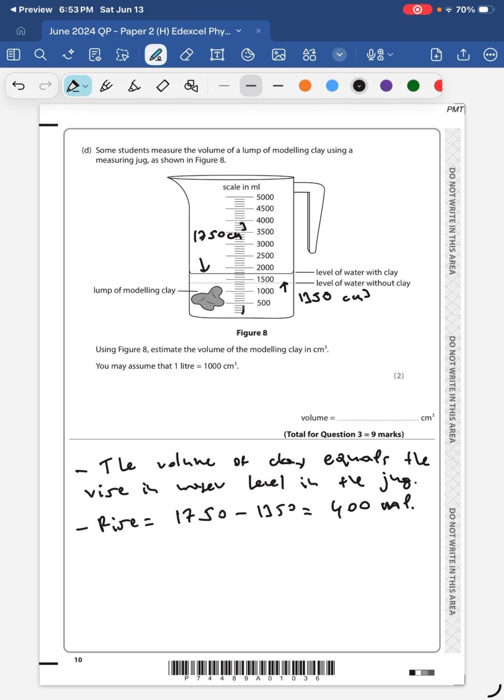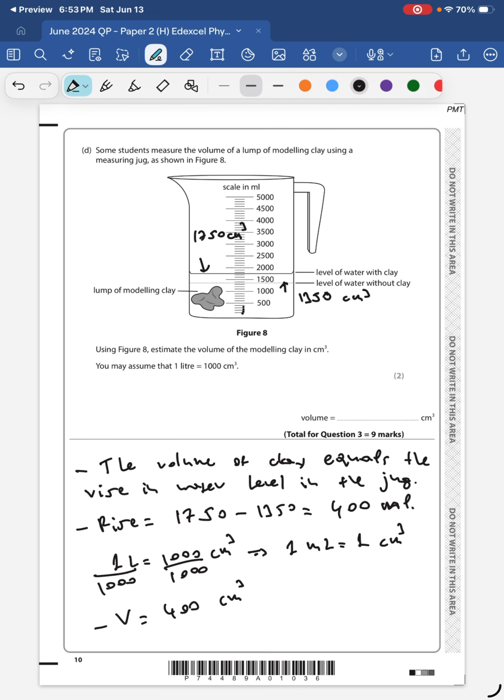We need to convert to cubic centimeters. 1 liter is 1000 cubic centimeters, so 1 milliliter is going to be 1 cubic centimeter. How do I know that? You divide by 1000 pretty much. So we have 10 to the minus 3 liters, which is 1 milliliter. So the volume is, in other words, 400 cubic centimeters.